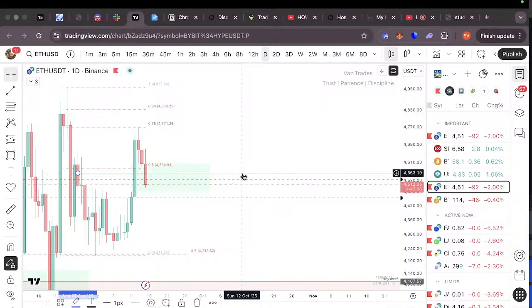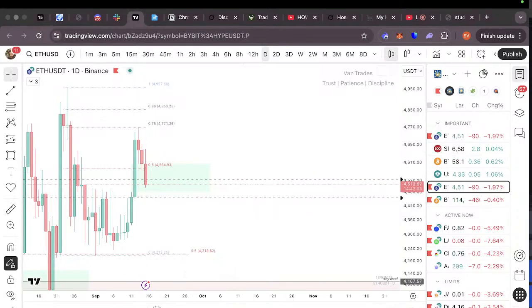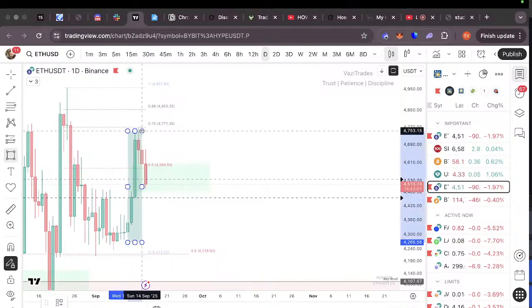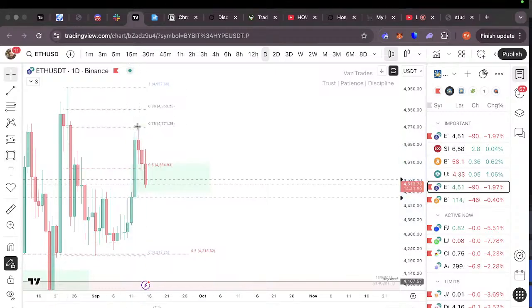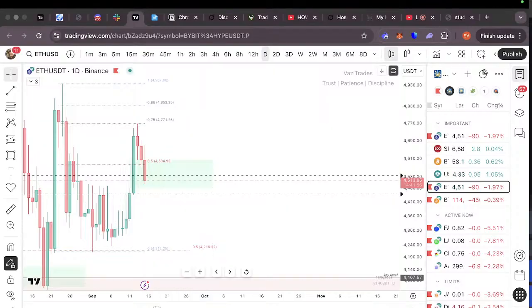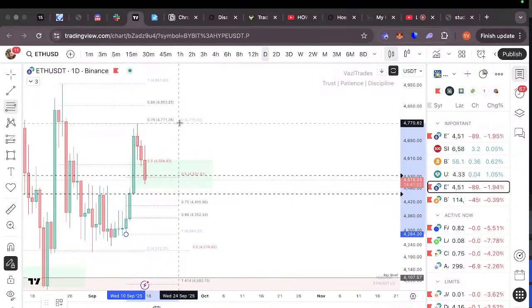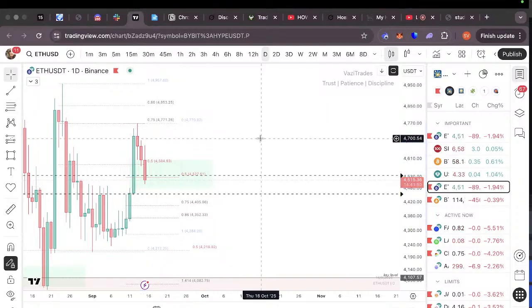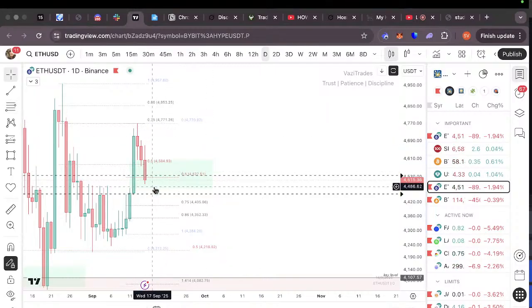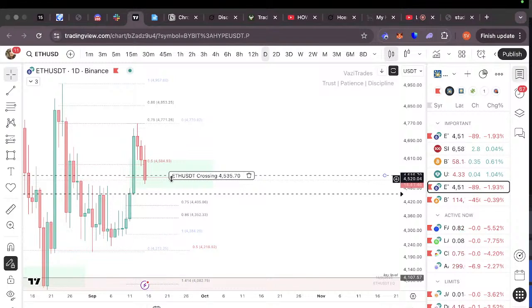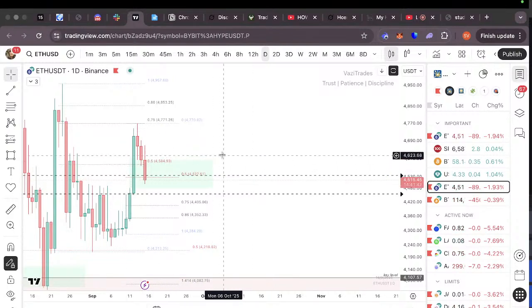So what will I do? I will take now this bullish move that Ethereum did, and I will put Fibonacci. And the top is here. So we can see that the price is breaking below the 0.5 Fib support and also this daily FVG.